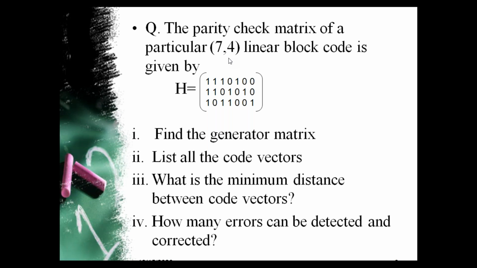Here we are discussing the systematic linear block code. We know what is meant by a systematic block code. The initial part will be the message itself. Then q number of extra bits are added. Check bits are added for the purpose of error detection and correction.